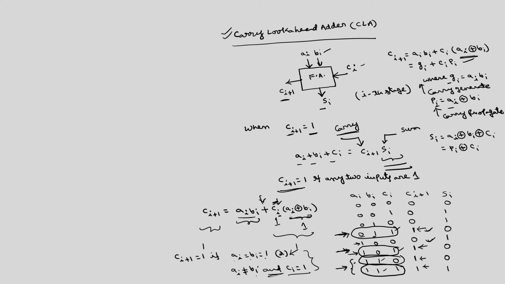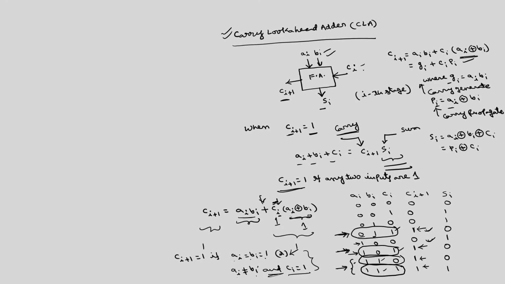So, in order to design this carry look ahead adder, the very first step is you have to generate all the generate signals and propagate signals. Given A's and B's and C's, first you have to generate G's and P's. After that you have to find out all the carries, then after that we will find out the sum. So, there are 3 steps in the carry look ahead adder.